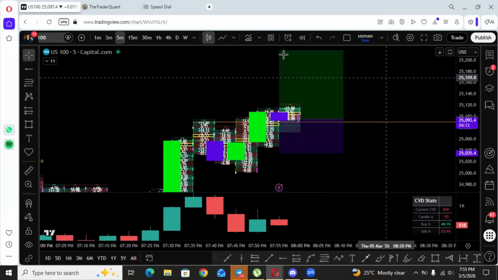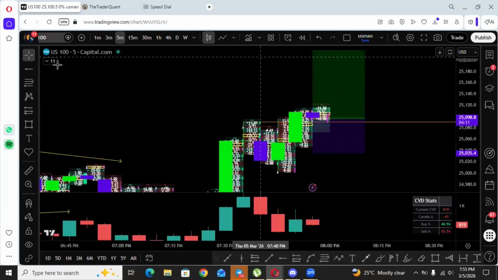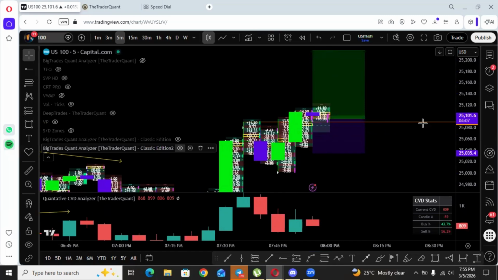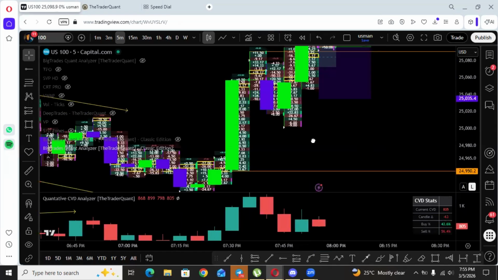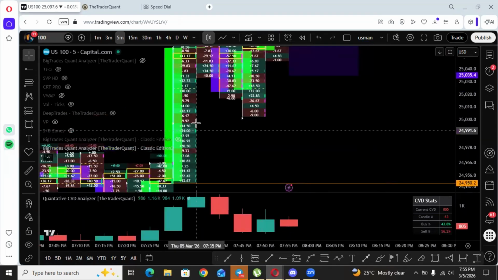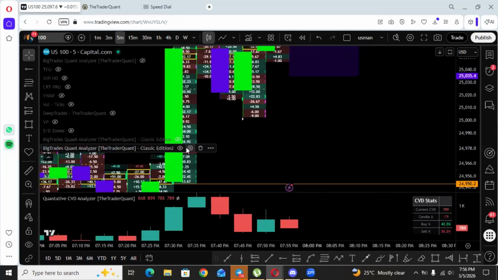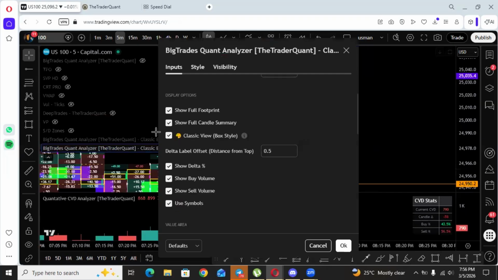This tool has two modes. You can see the imbalances by looking at these green areas at certain price levels. Also, if you don't want to see this visual representation, you can simply turn this off.